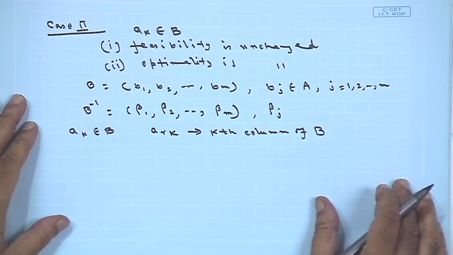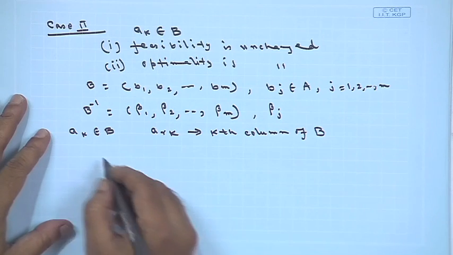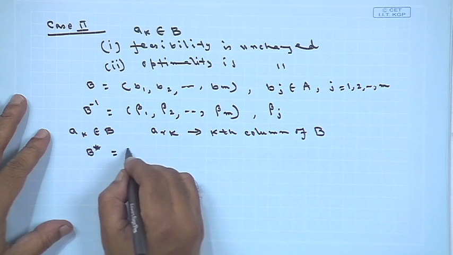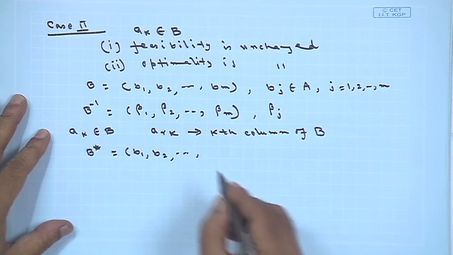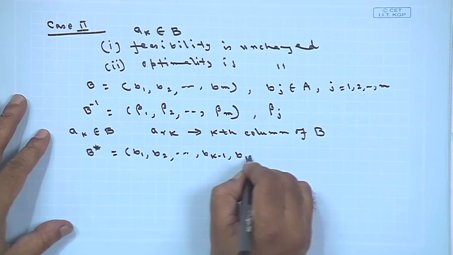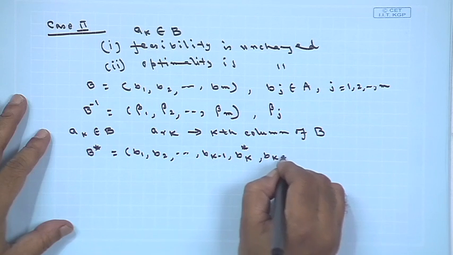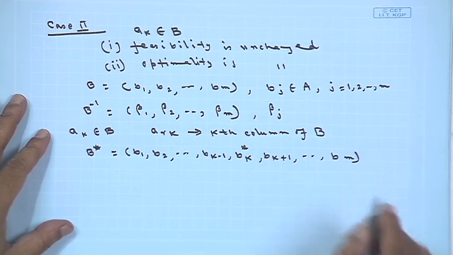So, there will be a change from B to B star, and B star I can write as B1, B2, like this way, B k minus 1, B k star, B k plus 1, and like this way B m.